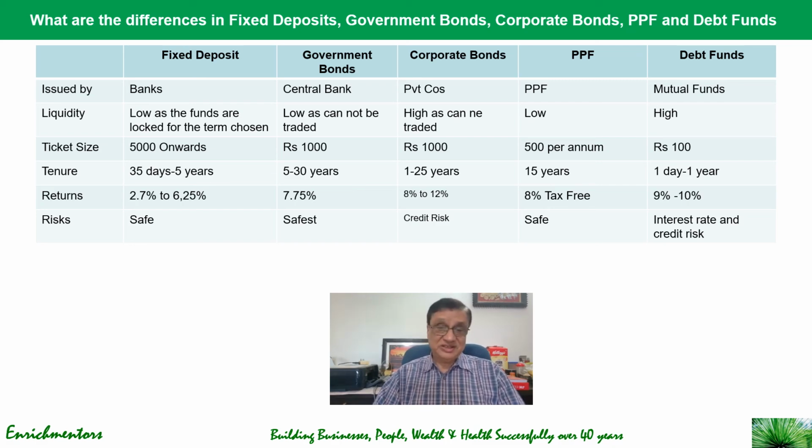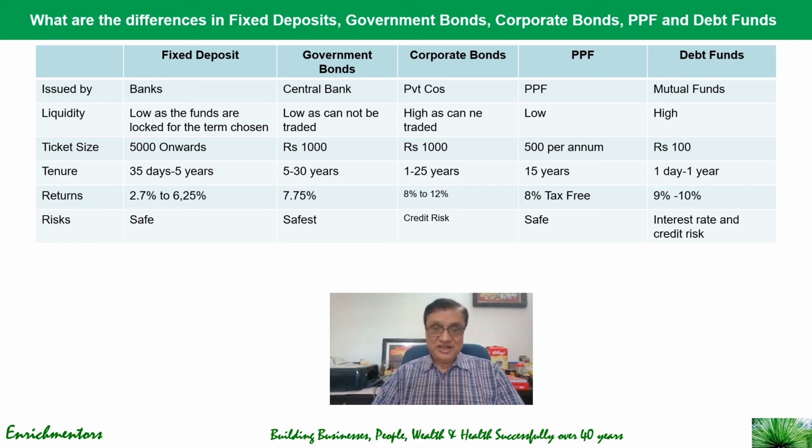On risk, government bonds are the safest actually, followed by the fixed deposits. The government bonds are safest because they are guaranteed by the government of the country. Fixed deposits are not guaranteed by the government of the country, and in case of default of the bank in the economic system, your money is at risk.